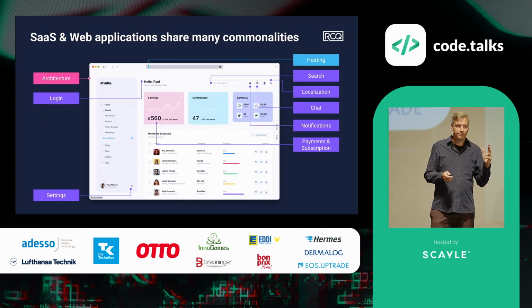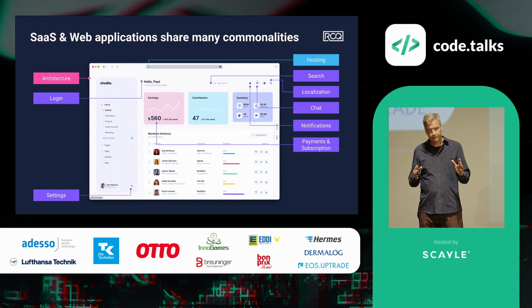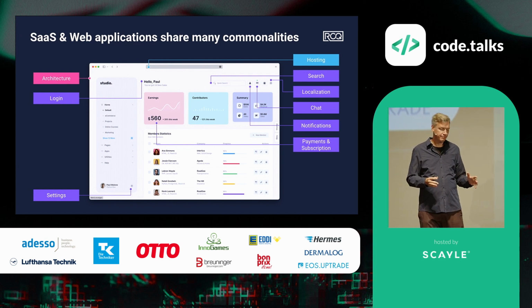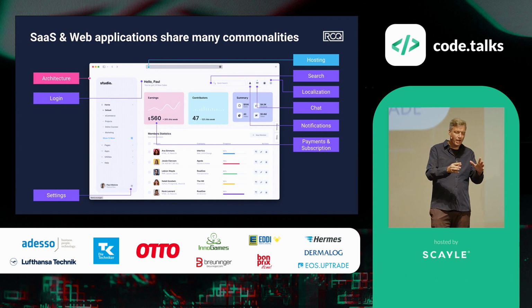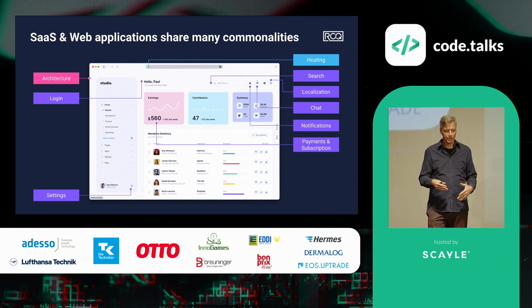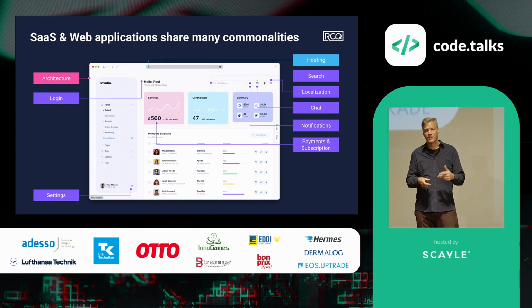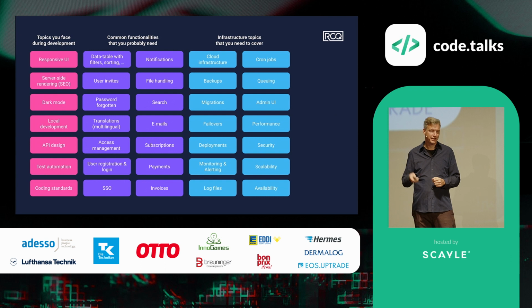The idea here is, when you build a web application, you always have the same elements. So every web application looks more or less like this one. You have a main navigation, you have a search bar, you have a login, registration, you need to host it somewhere, you need the architecture behind the scenes. You always have the same challenges. I showed you initially this thing here, the commodities.